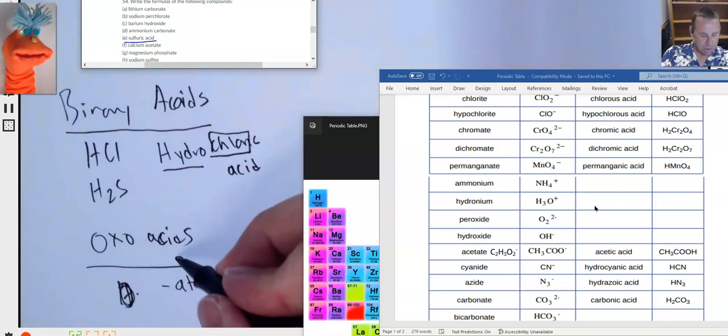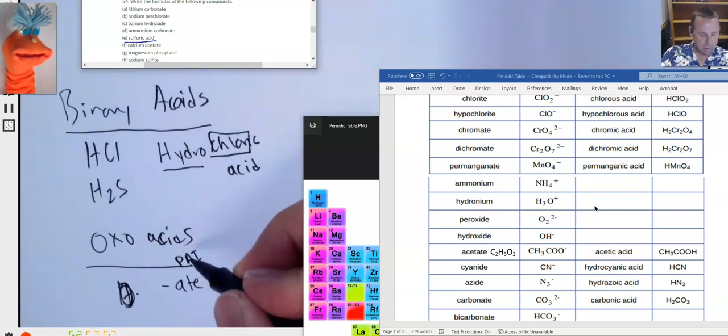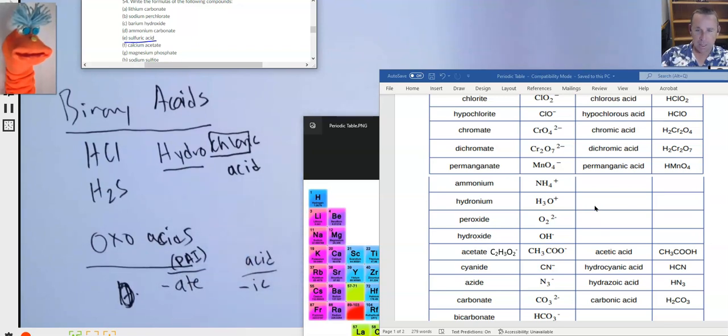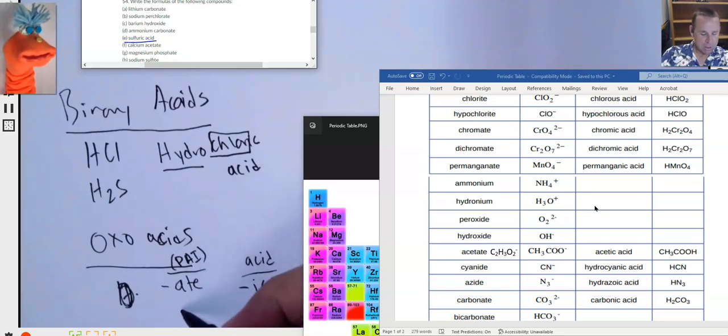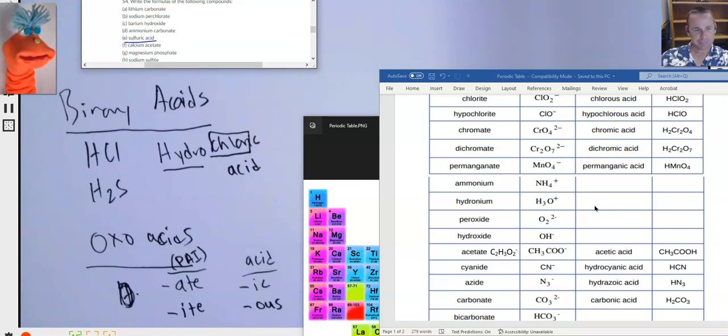So this is the polyatomic ion. If the polyatomic ion ends in -ate, then the acid ends in -ic. If the polyatomic ion ends in -ite, then the acid ends in -ous. So -ate goes to -ic and -ite goes to -ous.